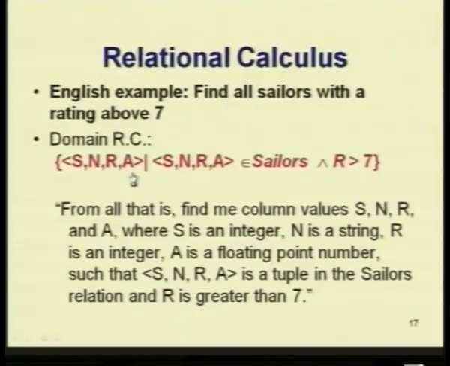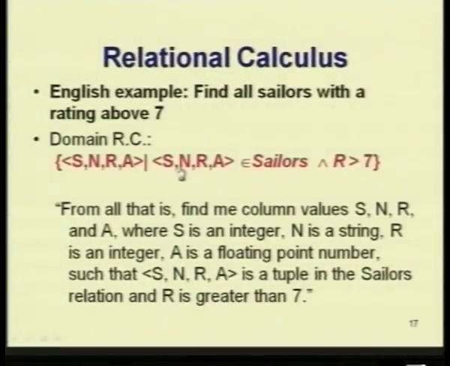These are the 4 attributes of that relation whose domain is fixed, belonging to the sailor relation, and I am specifying that this variable R should have a value greater than 7.